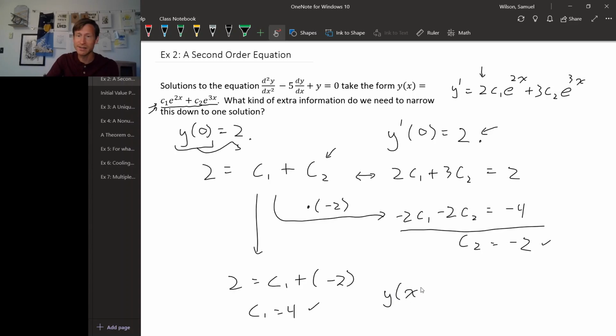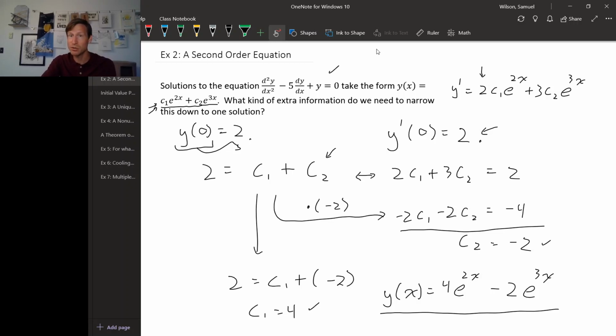Y of x is C1, which is 4, times e to the 2x, plus C2, so -2 times e to the 3x. And so this is the single solution that satisfies the differential equation and these two initial conditions, that y of 0 is 2 and y prime of 0 is also 2.